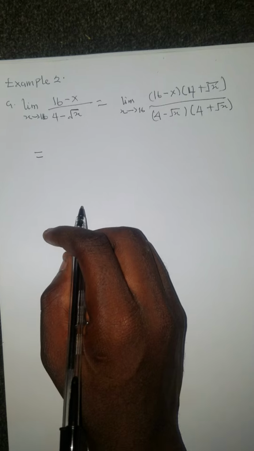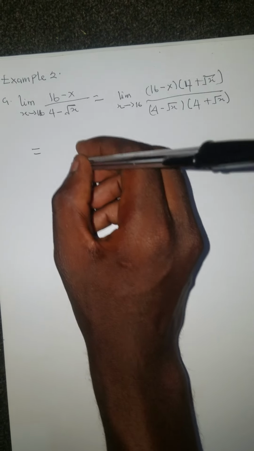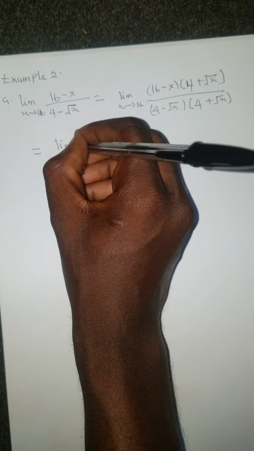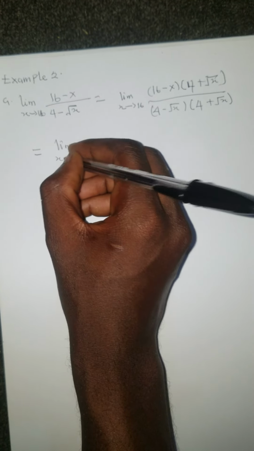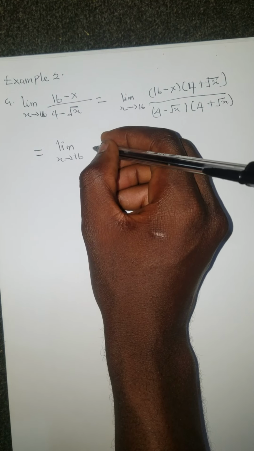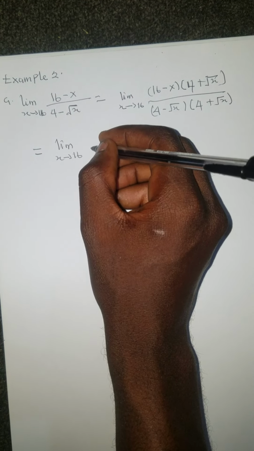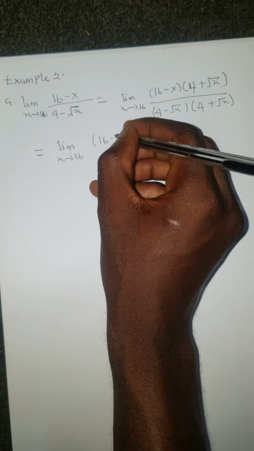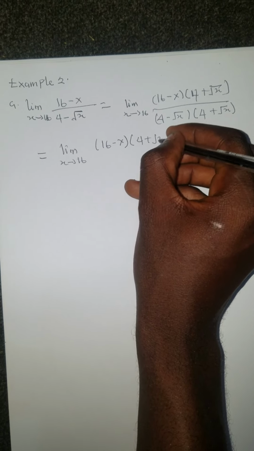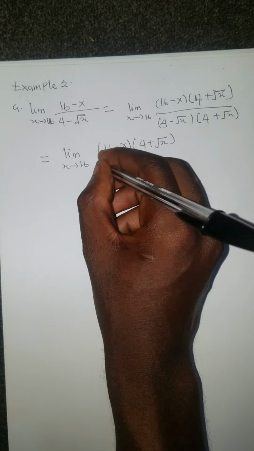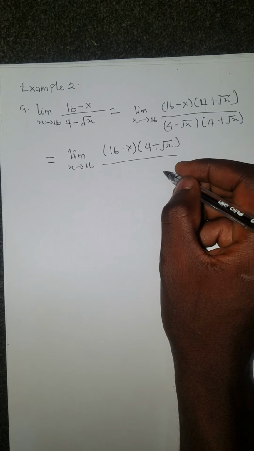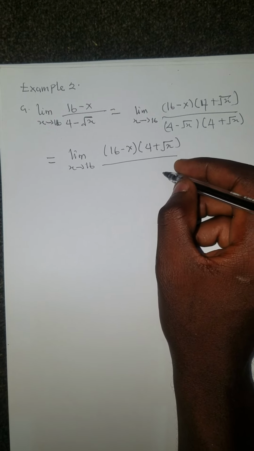So continuing, we'll be having lim x approaches 16, 16 minus x, 4 plus root of x, all over, then the denominator becomes difference of two squares.